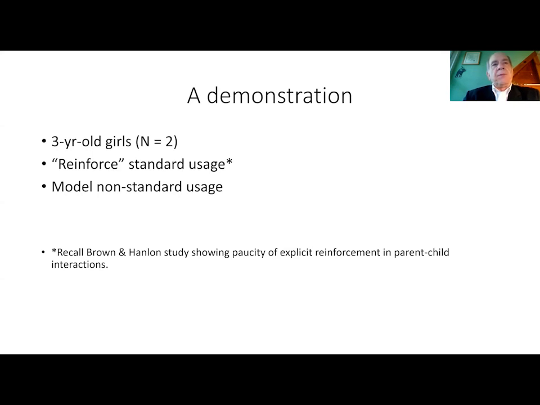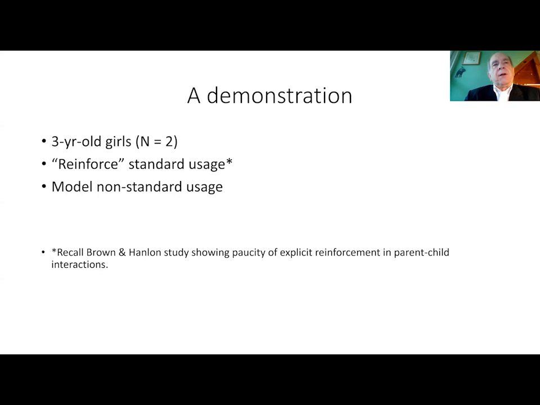What Brown and Hanlon looked at was explicit reinforcement in the form of good job or attaboy or have some ice cream, or the kinds of reinforcers that we manipulate in applied settings where we explicitly reinforce some target behavior. Brown and Hanlon found that parents do a lot of explicit reinforcement, but not at the level of word endings and so on. They don't say, oh, good job, you added an ing there. Here's a cookie. So that supported this notion that the grammar must be innate.